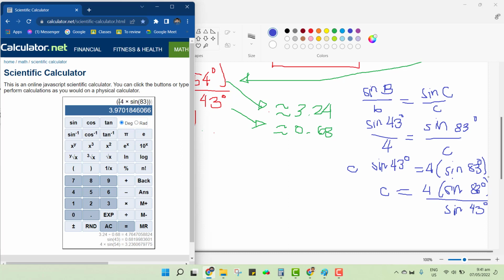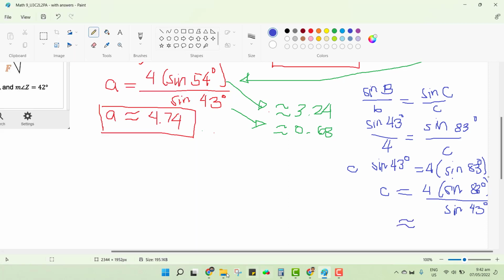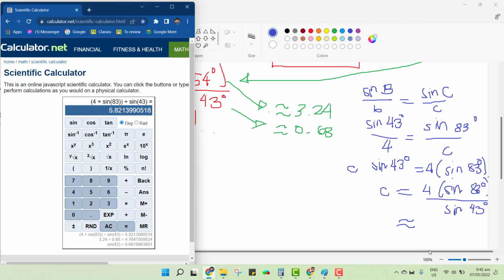I can just simply use 4 times sine 83, divided by sine 43 degrees, and you will have the approximated result of 5.82.